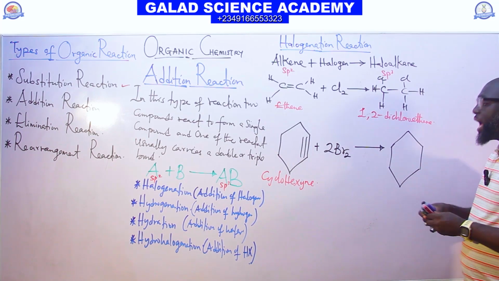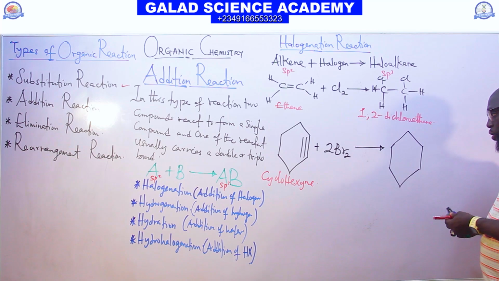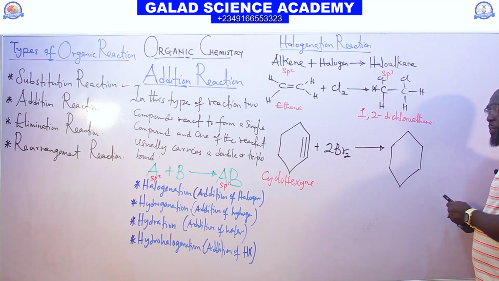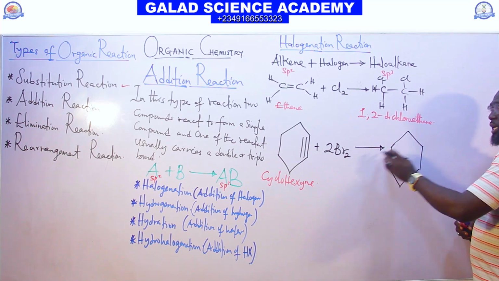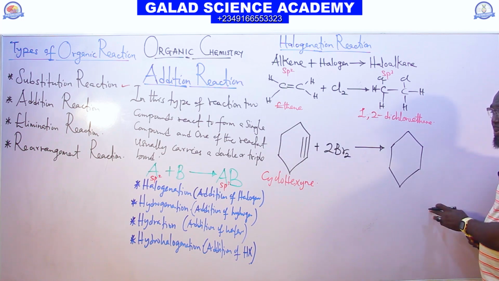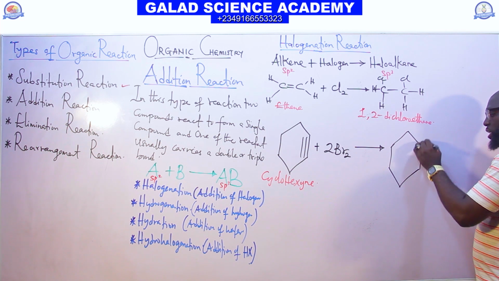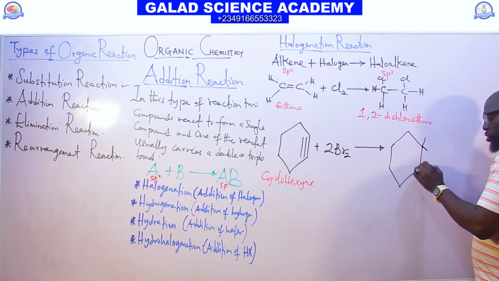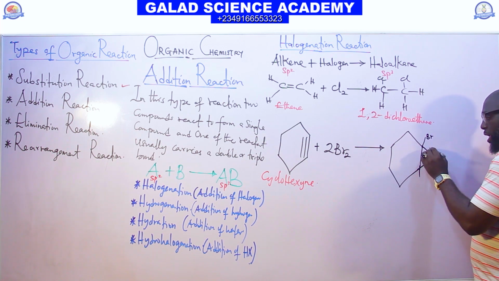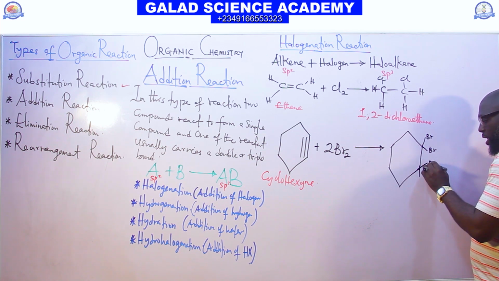So it reacts with bromine. This compound will give us, the triple bond here will disappear. And the bromine we have here will attach to these two ends like this. We have bromine here, the second bromine here.